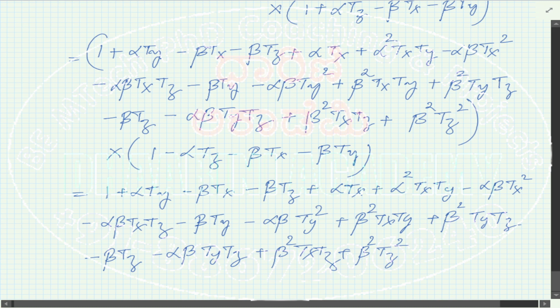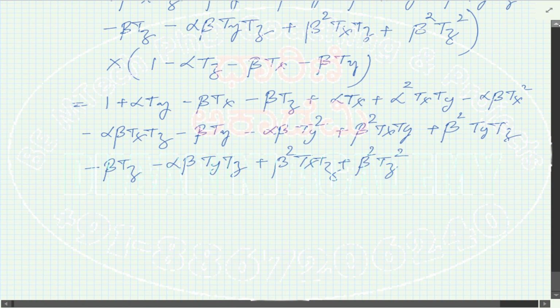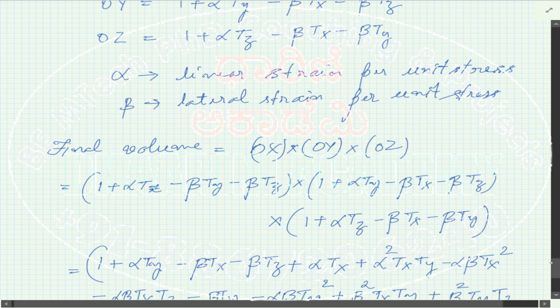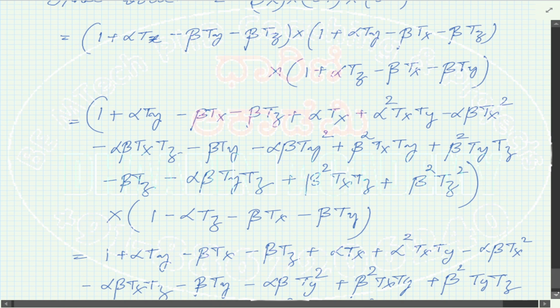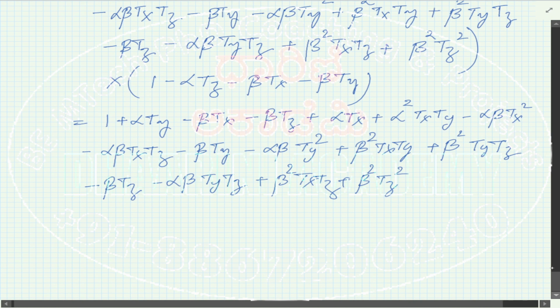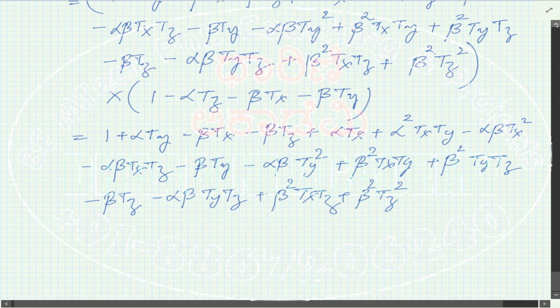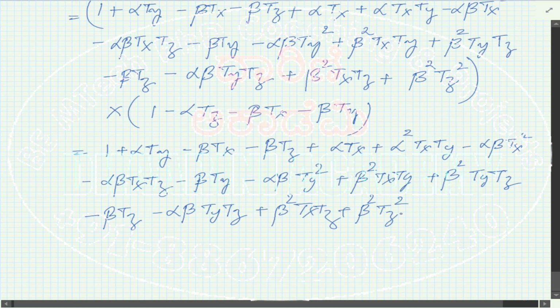Now I need to multiply everything with minus alpha Tz. Let's write the term now. I am multiplying with 1 into minus alpha Tz, so this is minus alpha Tz.